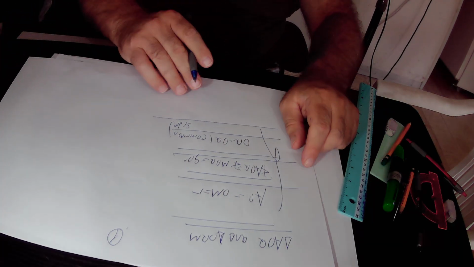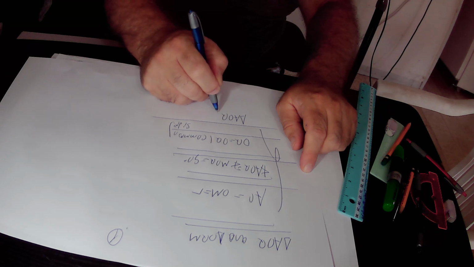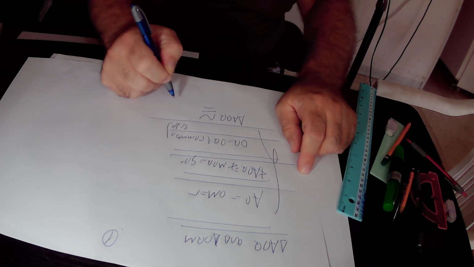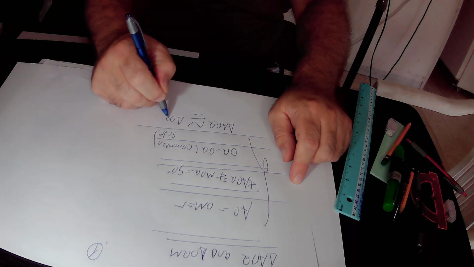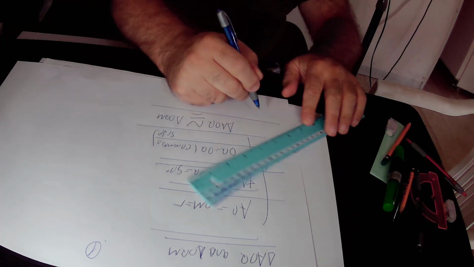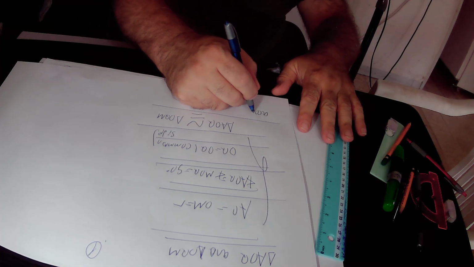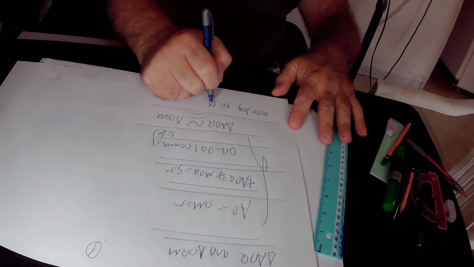So write it down. The right triangle AOQ is congruent, this is the sign of congruent, to the right triangle OQM according to side angle side rule.